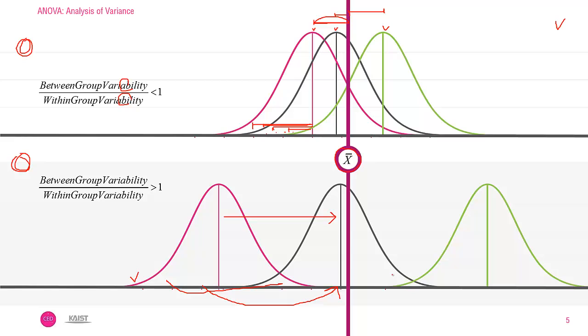And when the effect of the tutoring was extremely nice, then perhaps this pink chart can be shifted like the green. In this case, we can consider the effect of tutoring may be statistically significant.